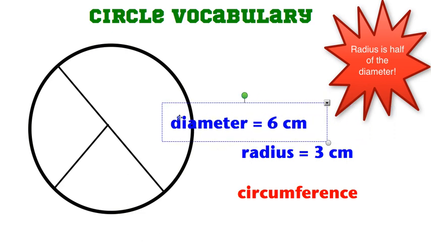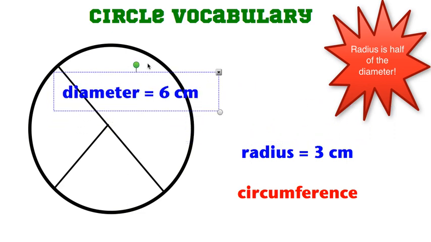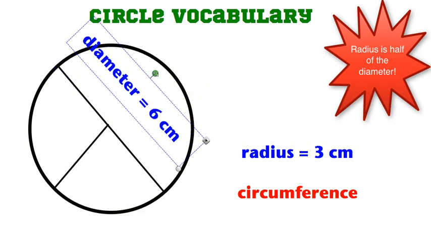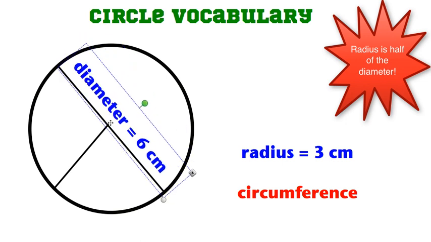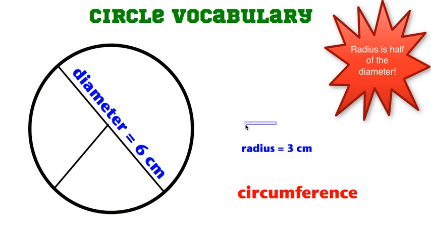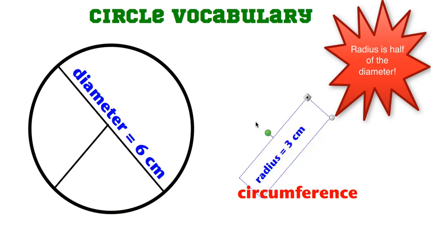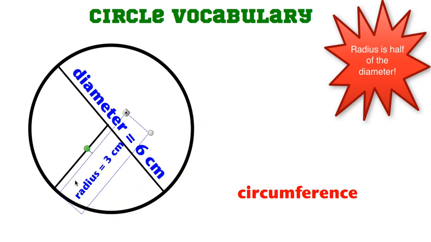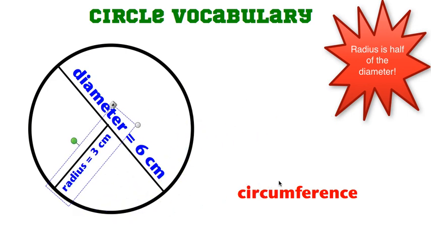So let's bring these over and label our parts of our circle. We've got the diameter, and we've got the radius. I'm going to have to make that a little smaller because remember our radius is the shorter line in our circle. And then now we've got the circumference.